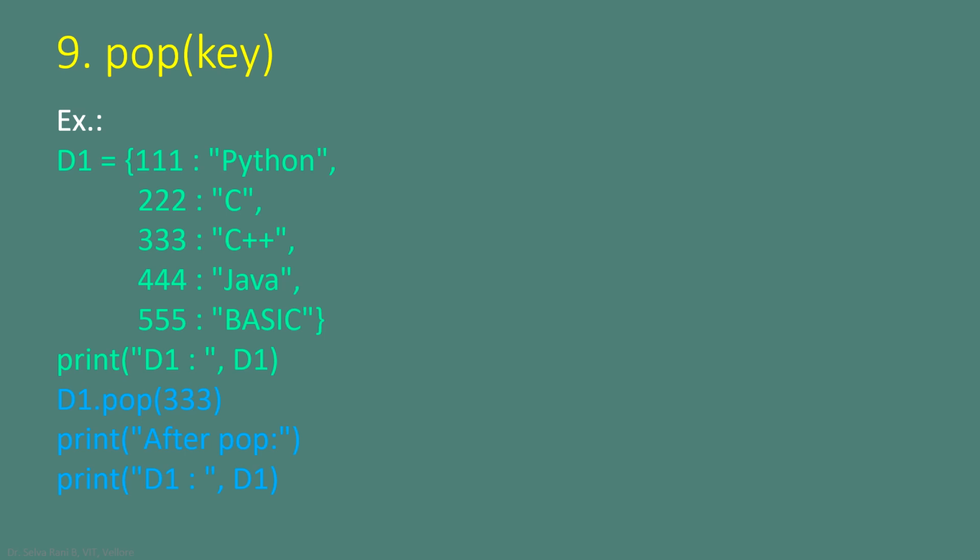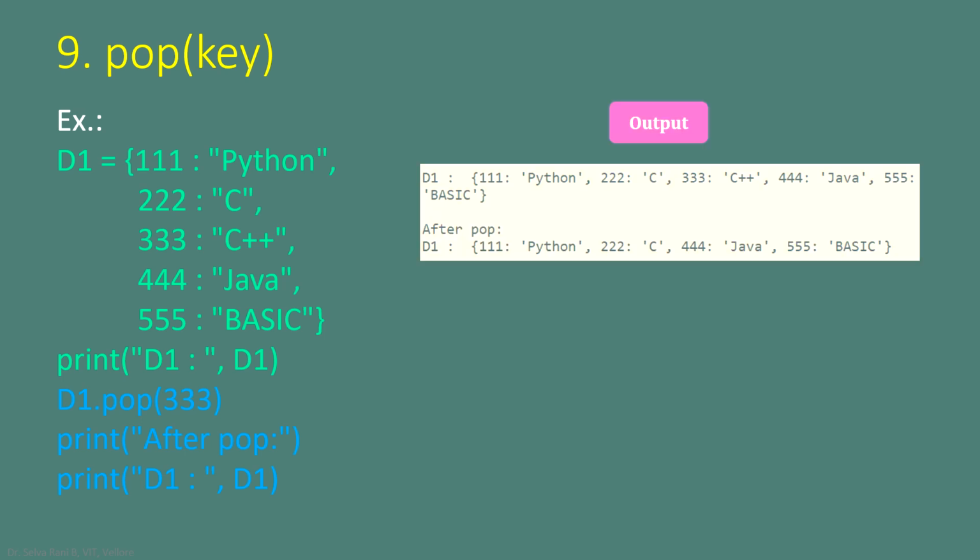The next statement is D1.pop(333), which means remove the element from the dictionary D1 with the key value 333. The C++ with the corresponding key 333 will be removed from the dictionary. After pop, if we display D1, we'll see the resultant dictionary.